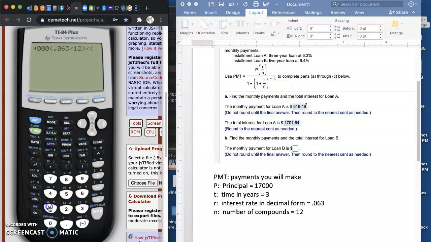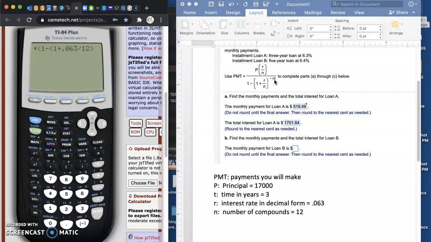So I always just do 1 minus, and then open a parenthesis, 1 plus R divided by N. Notice that'll be the same thing you had in parentheses on top. R divided by N was 0.063 divided by 12. Here's your close parenthesis, and then raise that to the negative NT. You can calculate that first, but you don't have to.